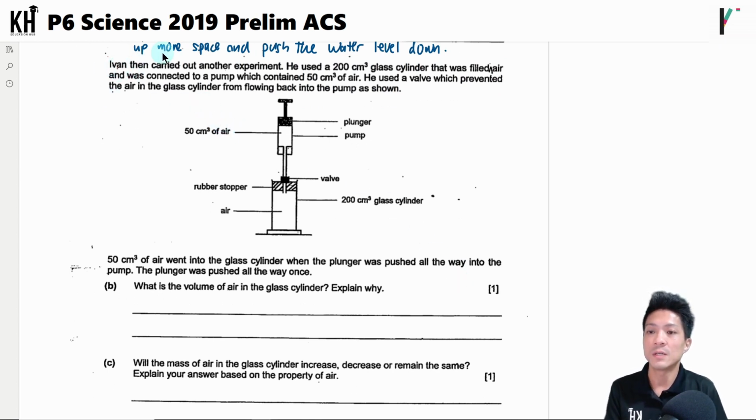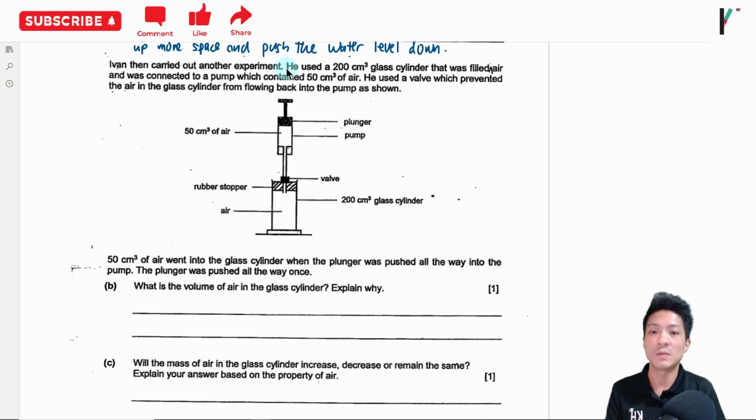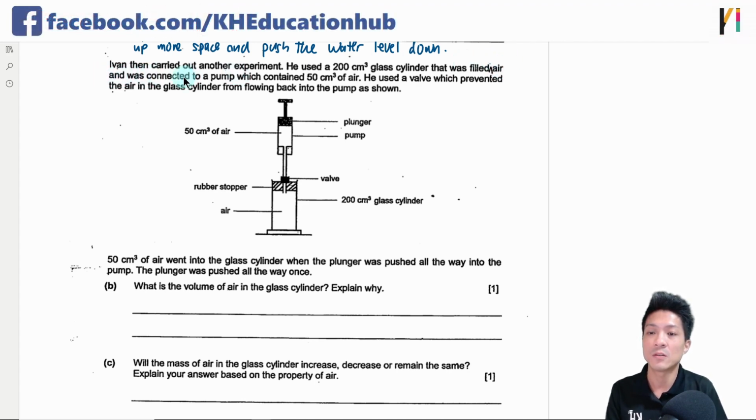Okay, the next question. Ivan then carried out another experiment. He used a 200 cubic cm glass cylinder that was filled with air and was connected to a pump which contains 50 cubic cm of air.